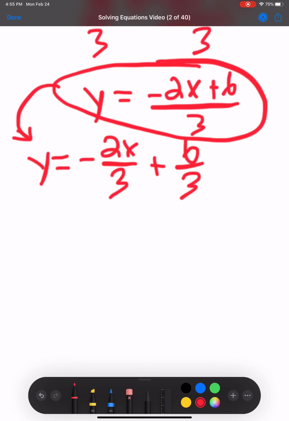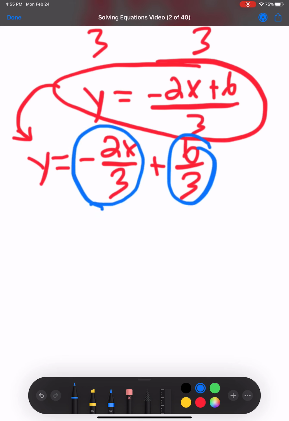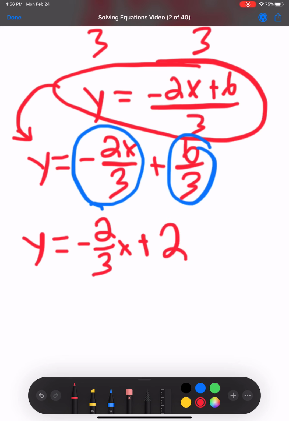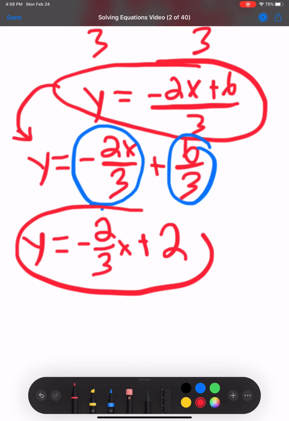I've got y already. The only thing I need to simplify is this right here, because remember, this we can leave as a fraction. We don't need to do anything different with that. So I'm going to simply rewrite this like that. And I know that 6 over 3, or 6 divided by 3, is 2. And now I am done.